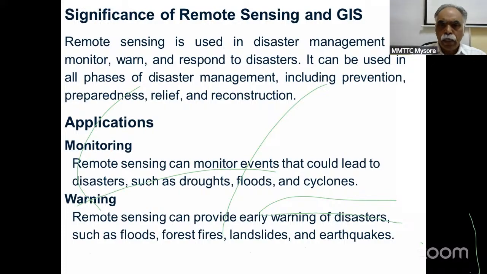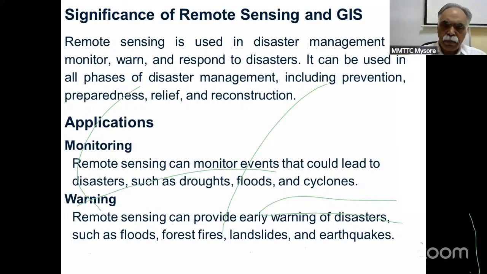These are the aspects that we can cover from remote sensing and GIS application, because now we can very meticulously plan for the event without giving scope for any lapses in management.